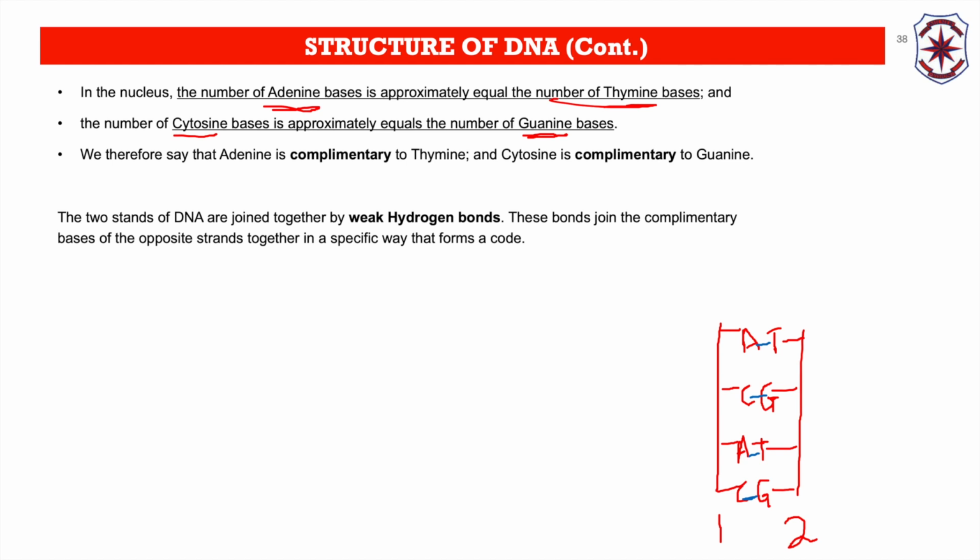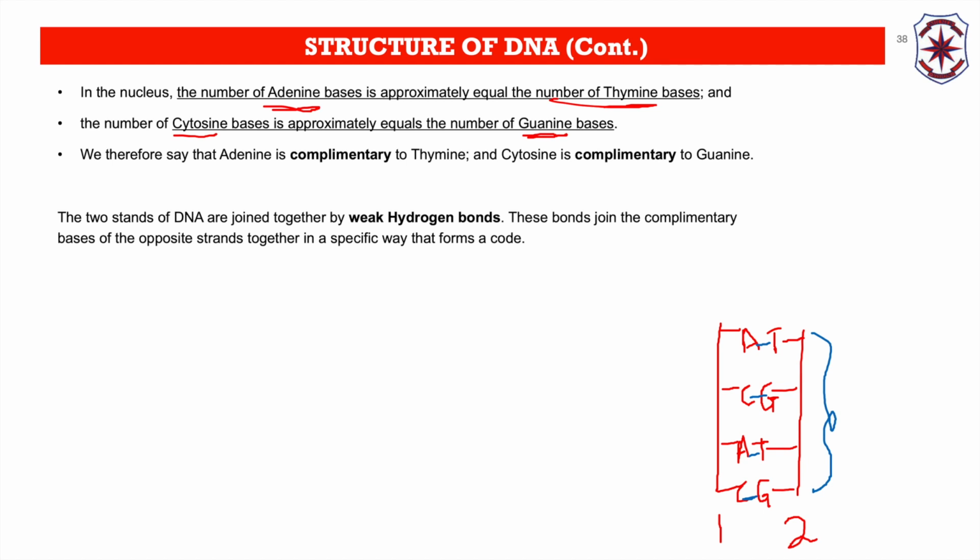All right? The statement continues to say, these bonds join the complementary nitrogenous bases, as you can see over there, of the opposite strands together in a specific way that forms a code. So a code, for example, ATCG and ATCG. This is a code for this portion or this piece of DNA. Remember, DNA is quite a long molecule.